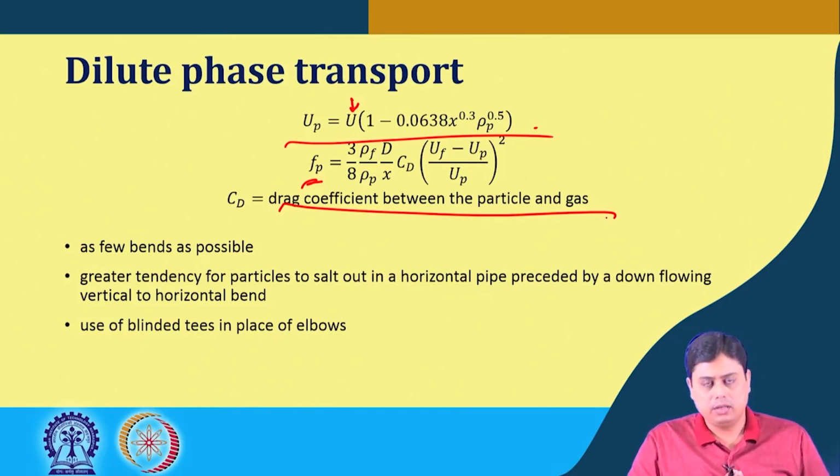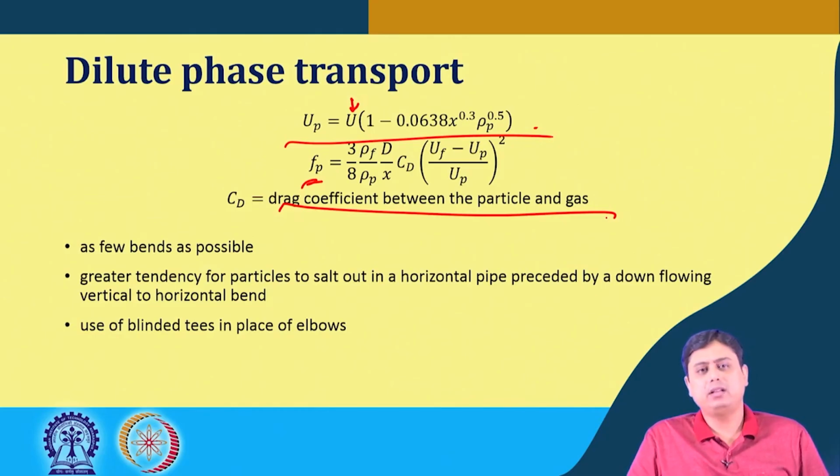Now, in case of transport in a pipeline network, it is desirable that there would be as few bends as possible. If we now consider that we know everything, and this dilute phase is being transported, there has to be as few bends as possible, because these bends would create the requirement of more pressure drop.